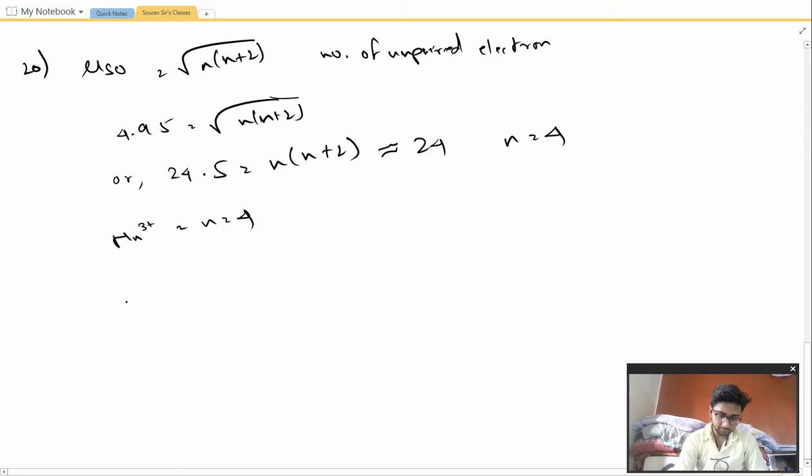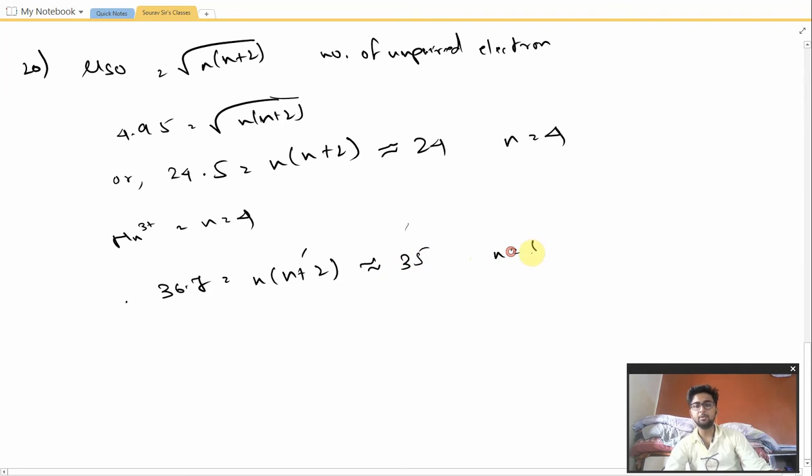If we round the value to 35, we get that n is equal to 5, that is 5 into 5 plus 2, which is 5 into 7, giving 35.